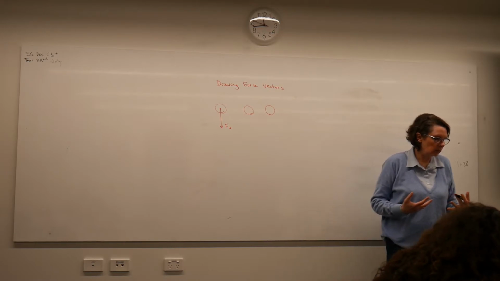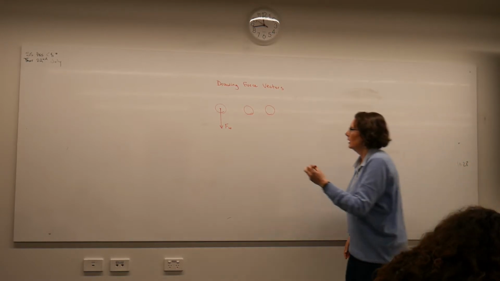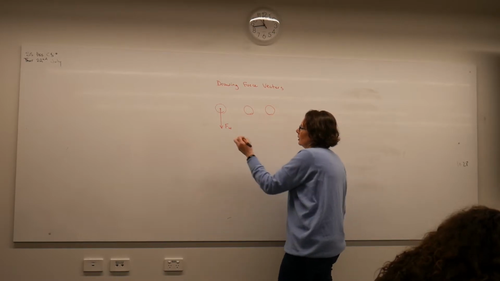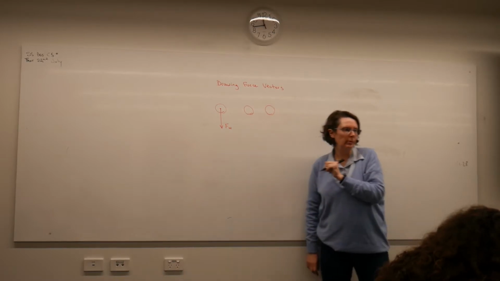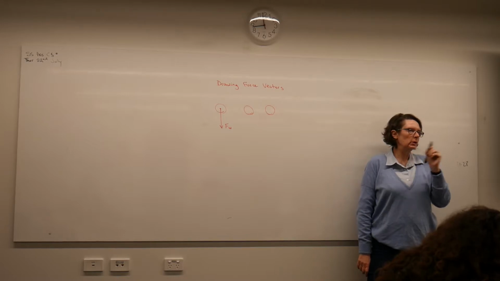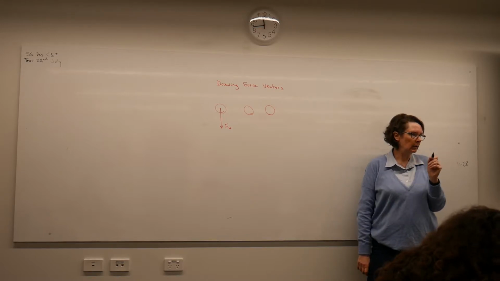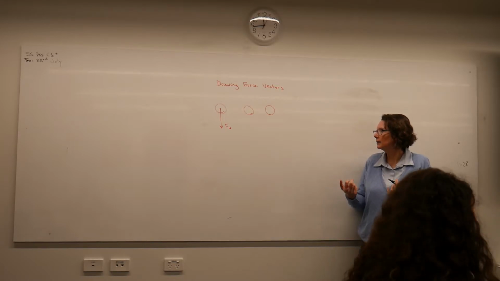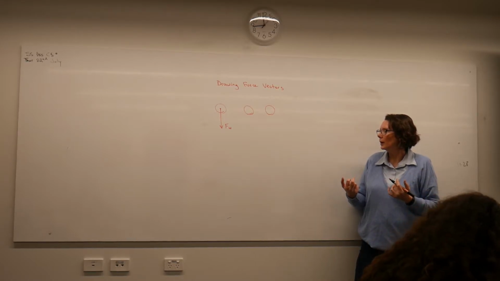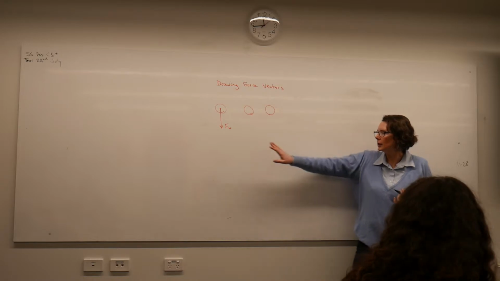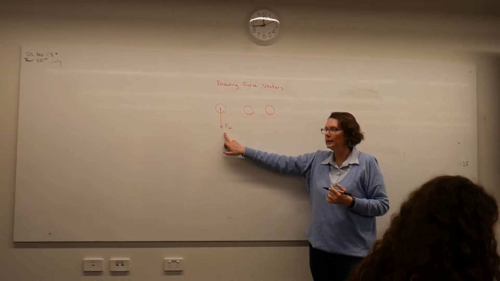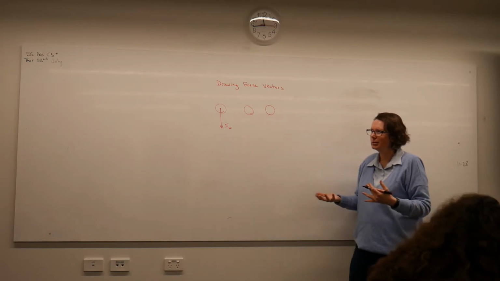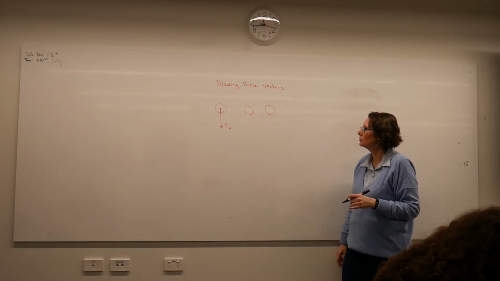I could also represent this as gravitational force, or use just a capital W. As long as it's clear what you're indicating, any of those abbreviations are acceptable. So I could say this is a capital W for weight, or a lowercase g to indicate that it's a gravitational force.